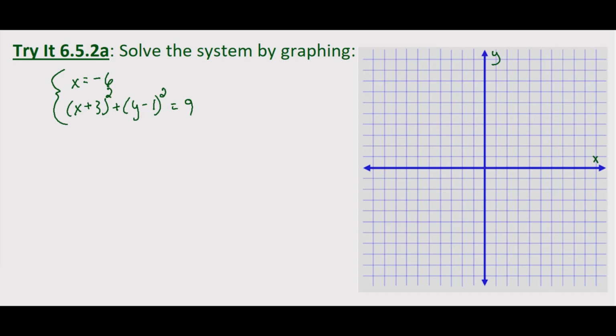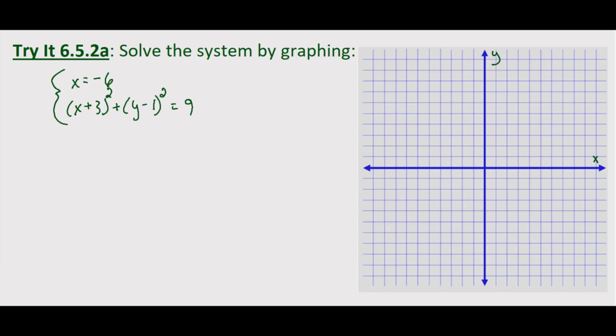In this tried exercise, we're asked to once again solve a system of equations by graphing. Our system of equations is x equals -6 and (x + 3)² + (y - 1)² = 9.